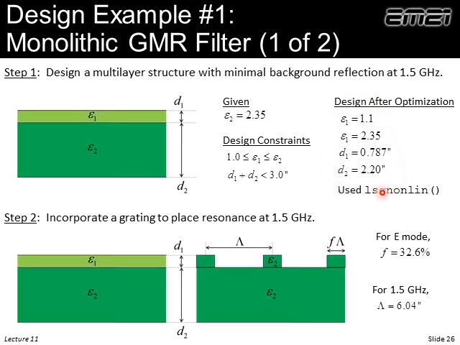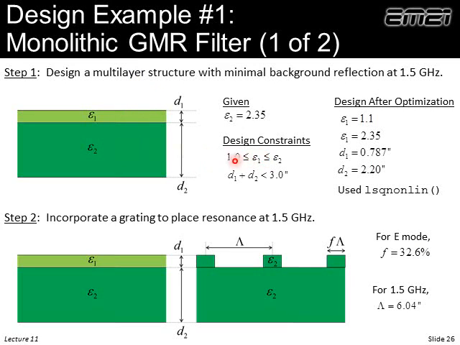So here's one possible design. Now, if we want this to be a monolithic slab, we did constrain a few things. We can't control the dielectric constant of the bulk of our substrate. That will be whatever our material is. So that was 2.35. Now, we will be able to control the dielectric constant in this layer because we'll form some kind of grating in it, but it has to fall between air and whatever this dielectric constant is.